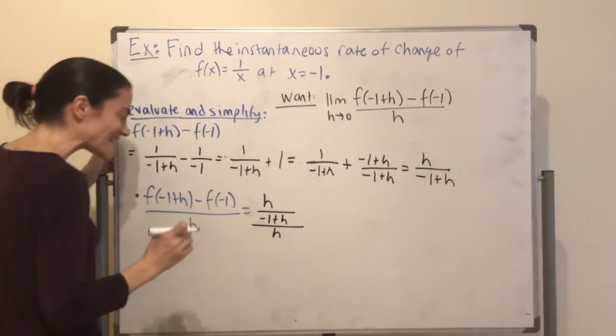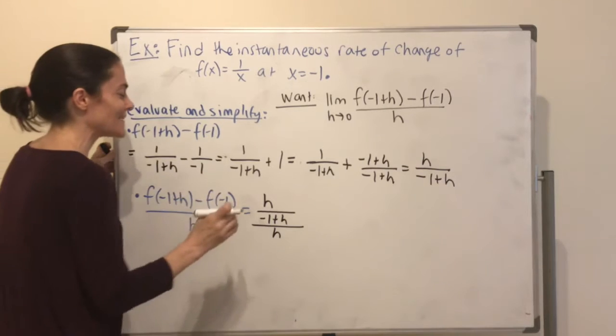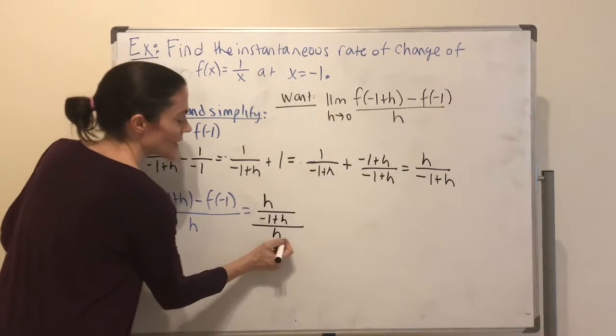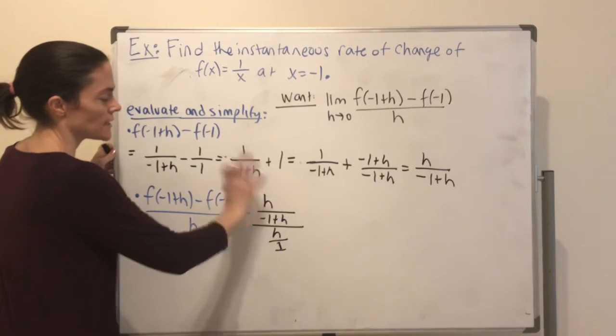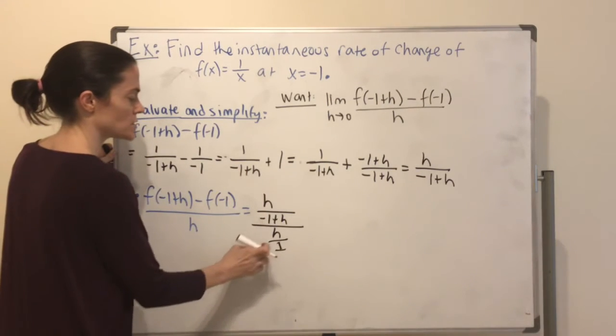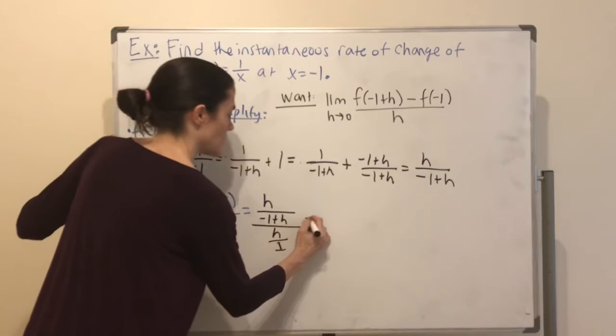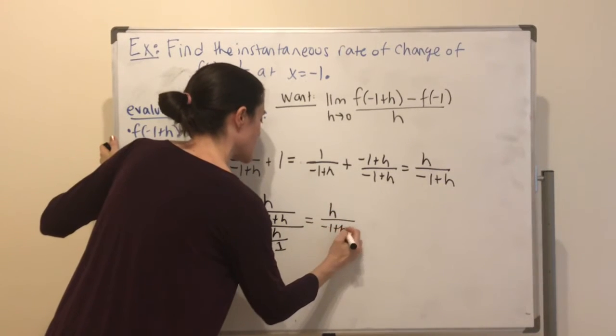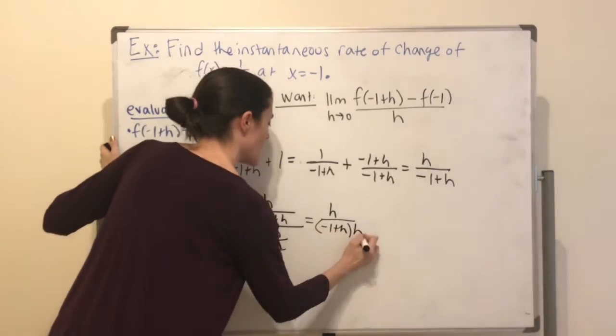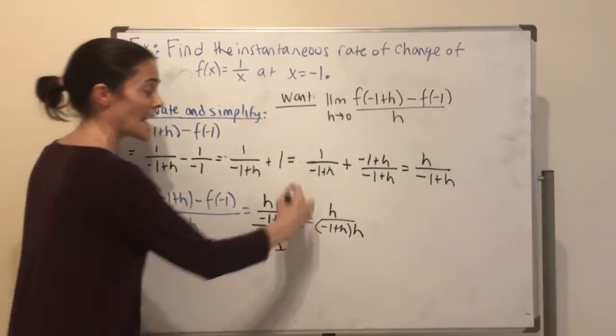Right? Look, you might get confused because we have fraction over fraction, but really it's like this. And we could invert multiply, which maybe I'll write this way. This would be h over minus 1 plus h, and the h is here. Right? Now you can cancel.